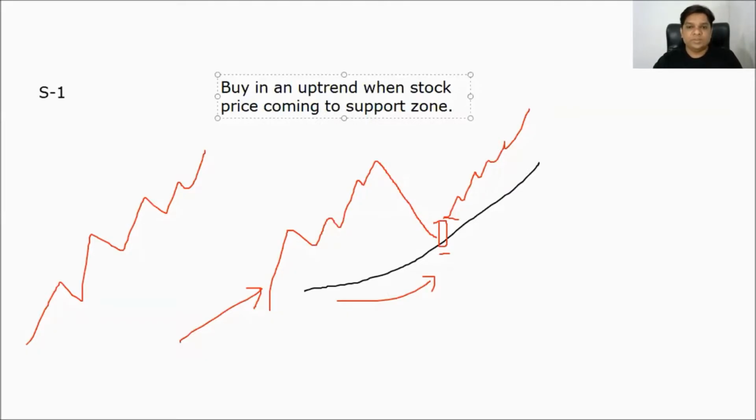This is my very genuine advice to all the traders. Follow this. Whenever you want to buy, just buy in an uptrend. My first framework is: find a trend. After that, make a view that I want to buy. So find out the stocks which are in an uptrend and exactly at a support zone. Whenever stock price is in an uptrend, find out the area of support and then buy.